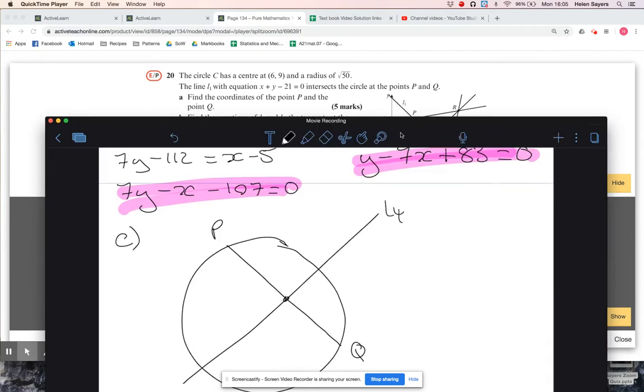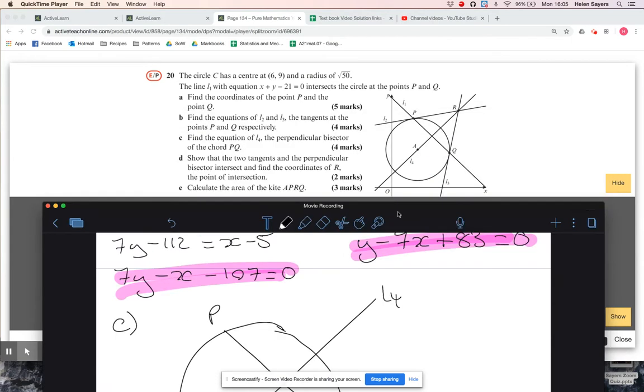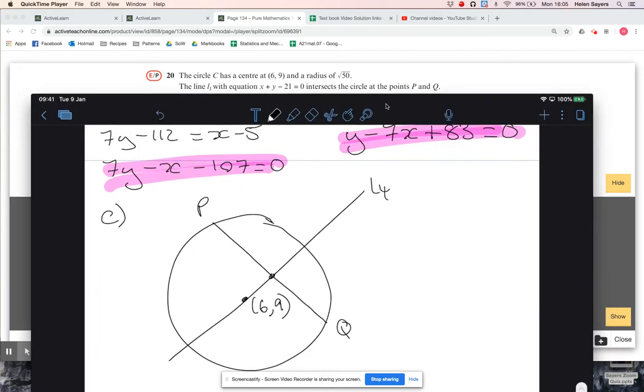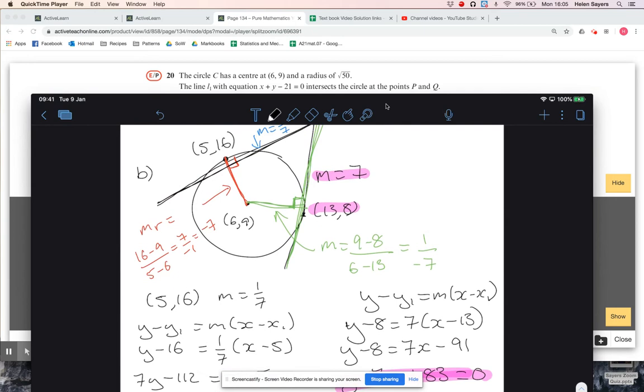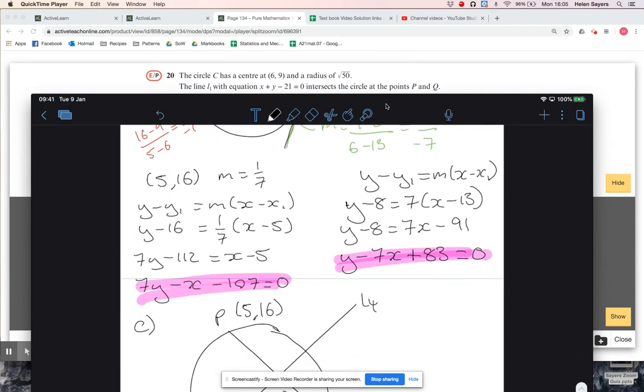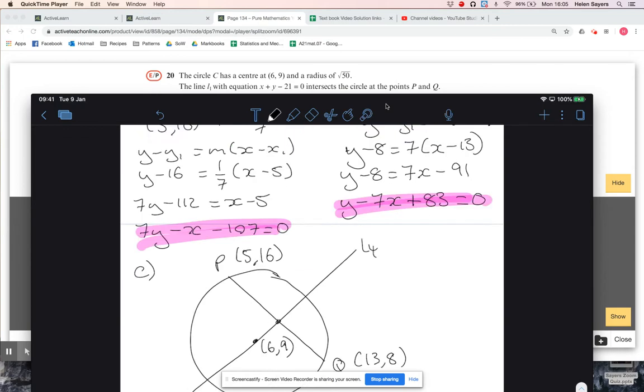And we know that the centre of the circle is 6, 9. Have I found the gradient PQ yet? I don't think I have, but that's fine. But I have got P and Q. So P was 5, 16, and Q was 13, 8.